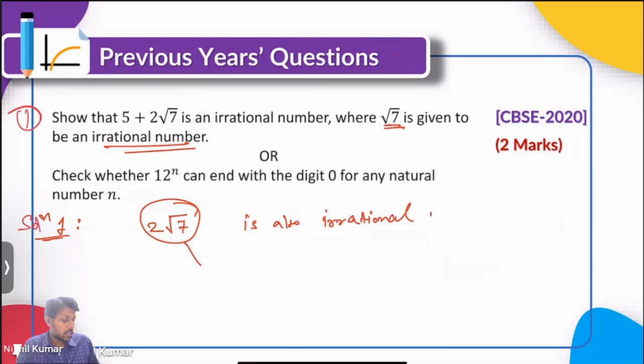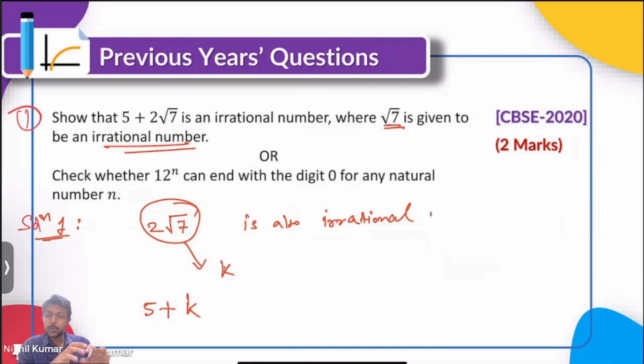Let me call this k. Let's just call it k, where k is an irrational number. All right, what do you get when you add an integer to an irrational number? You get an irrational number.